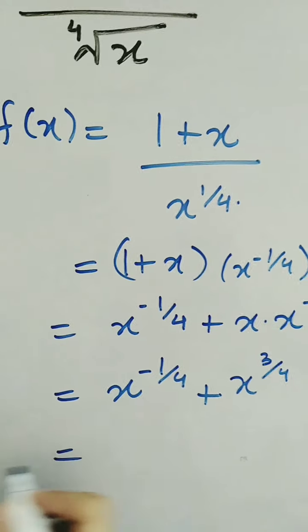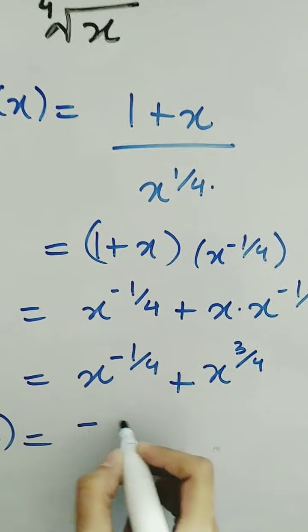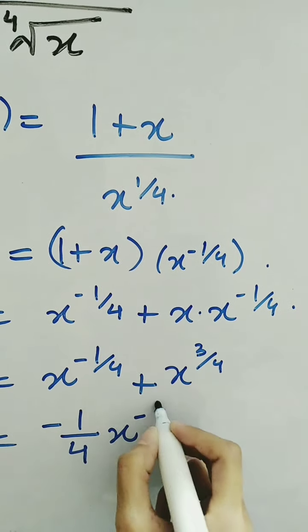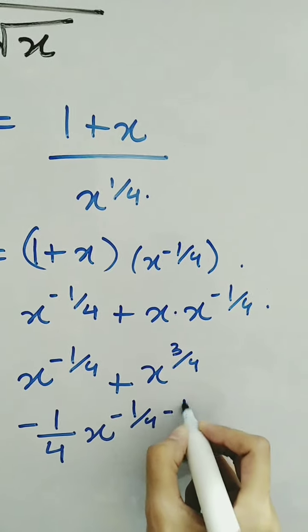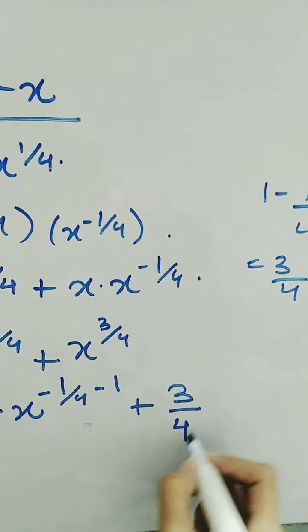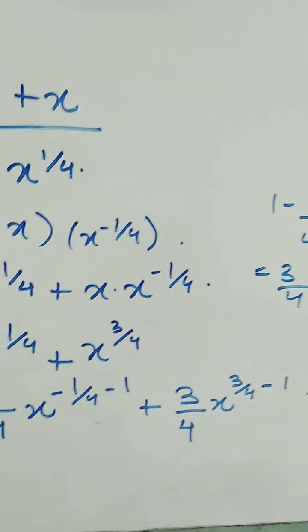Now we take the derivative of this function, and we will have minus 1 over 4 x raised to the power minus 1 over 4 minus 1 plus 3 over 4 x raised to the power 3 over 4 minus 1.